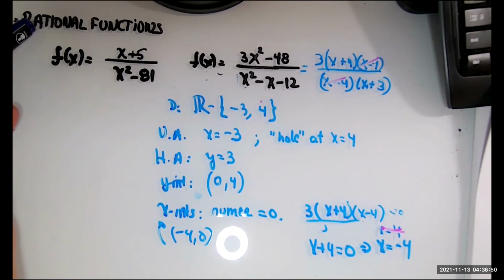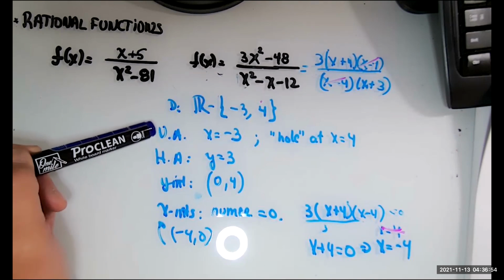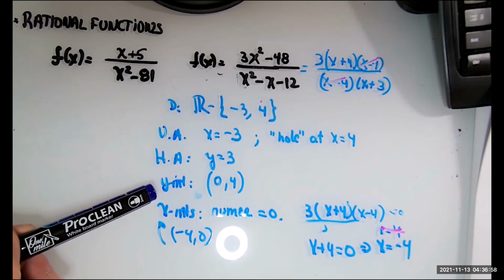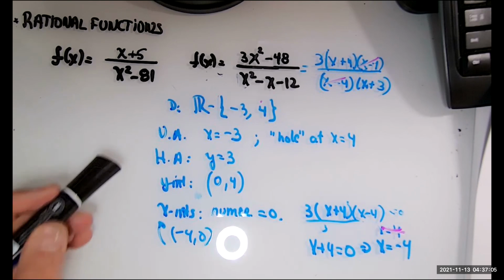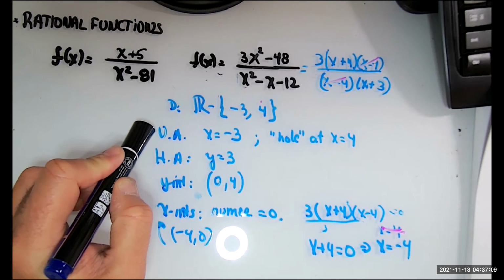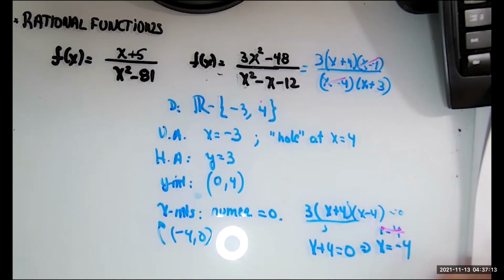So given a rational function, we know how to find the domain, vertical asymptotes, horizontal asymptotes, y-intercepts, and the x-intercepts. Okay? And also, let's recall that we will never, ever, ever intersect the vertical asymptotes. We might intersect the horizontal asymptotes.